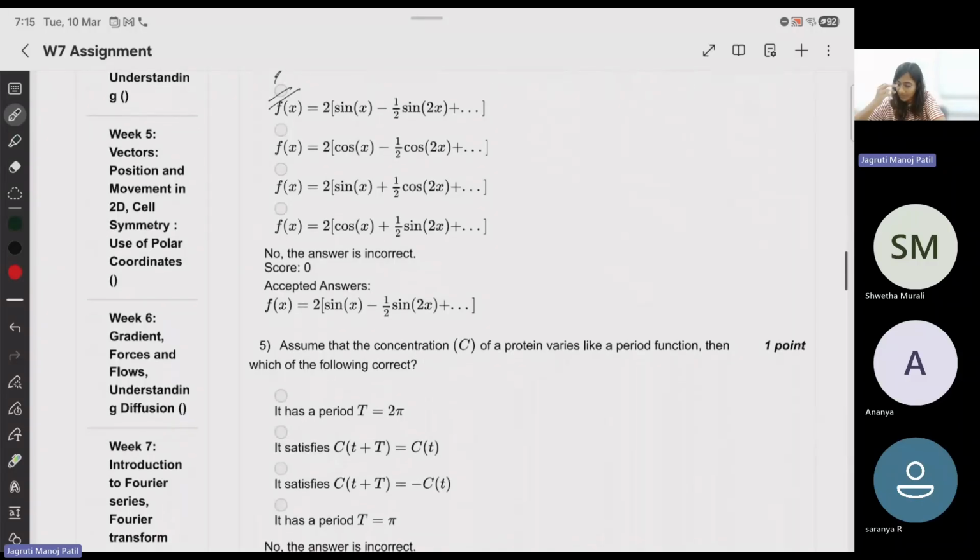Here. Assume that the concentration of a protein varies like a periodic function, then which of the following are correct? So if you have a periodic function, what are its properties? That the function will repeat itself after a time t, right? It need not be an even function or an odd function. You cannot say that a periodic function is always either an even or an odd function.